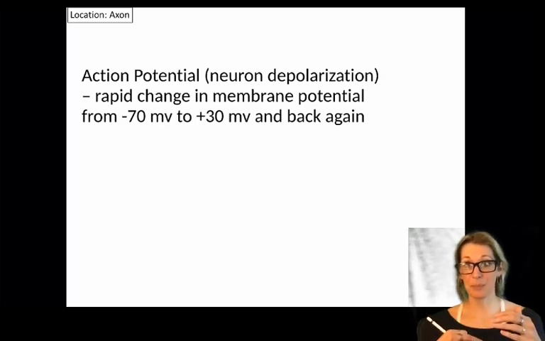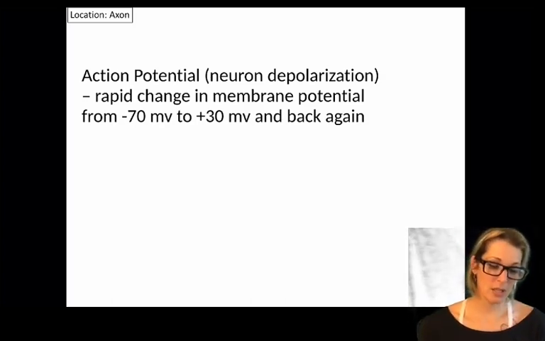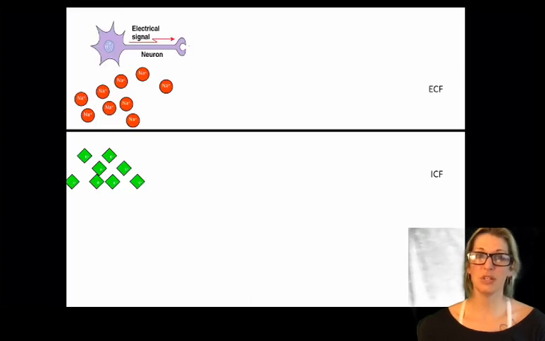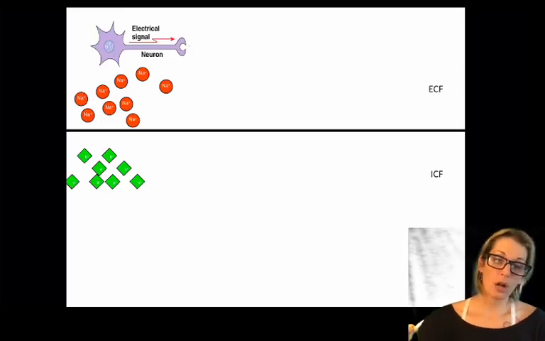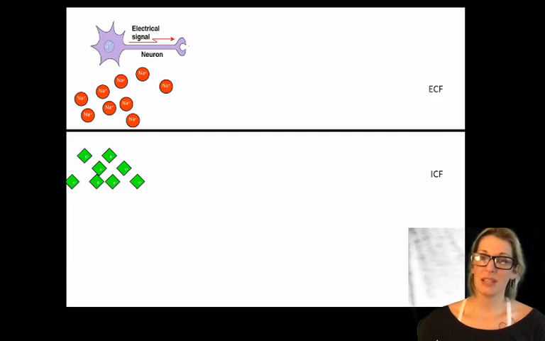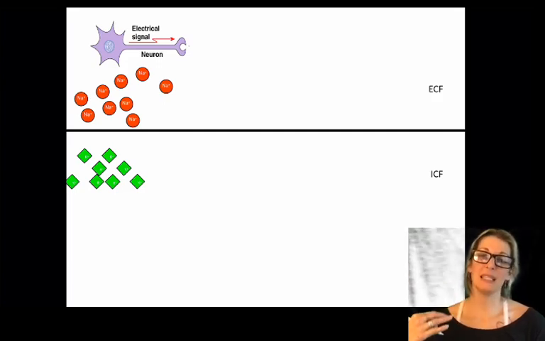And then we go back again. That's what an action potential is. So how do we get there is the question. We already established that we've got more sodium on the outside of the cell than we do potassium inside of the cell.